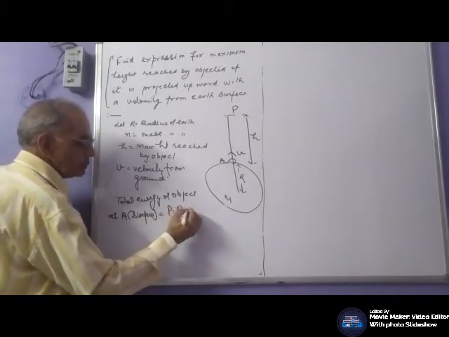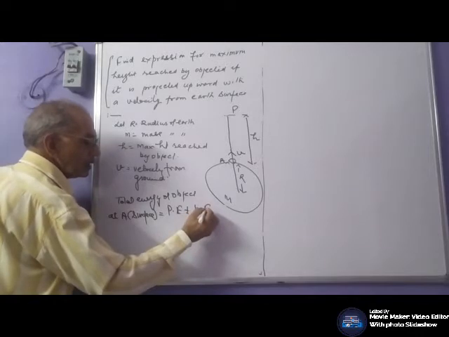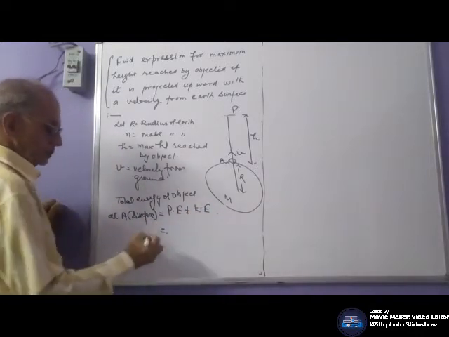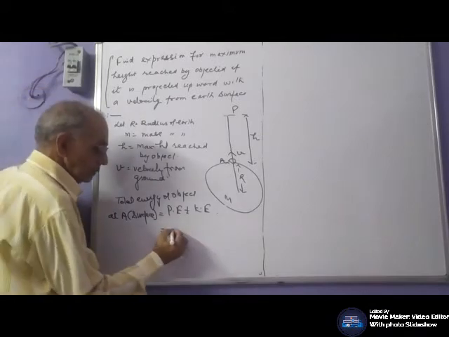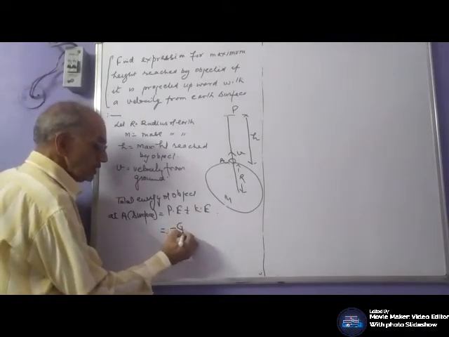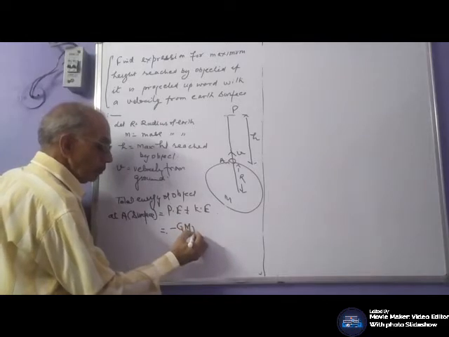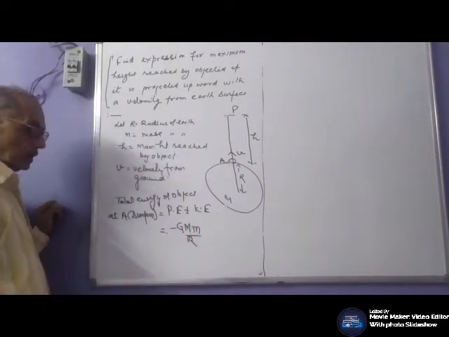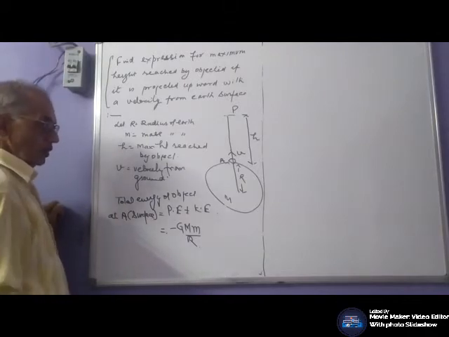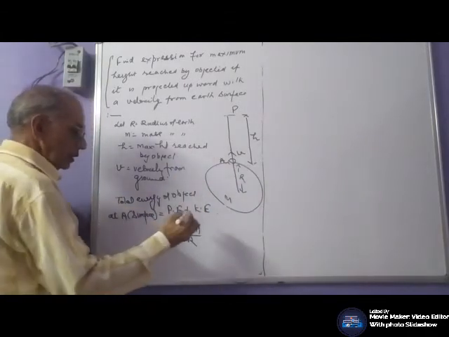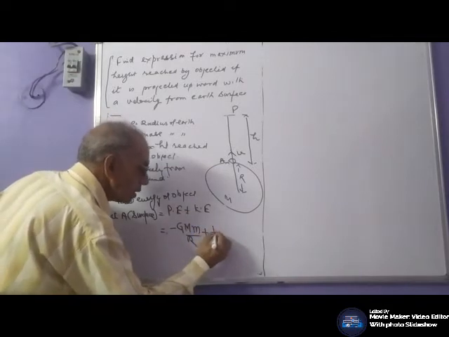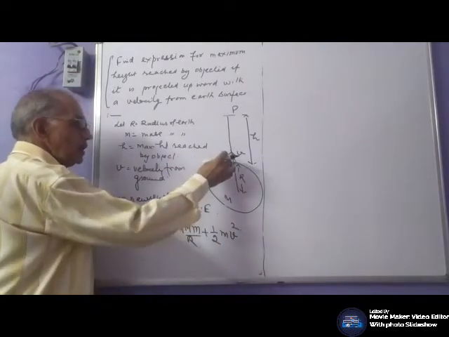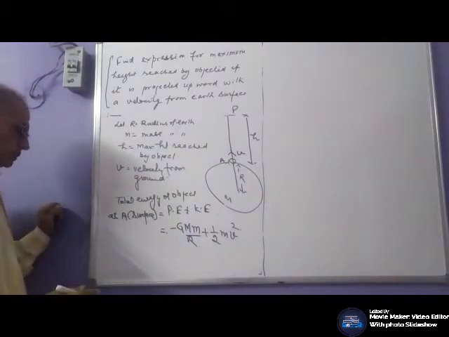Potential energy and kinetic energy. Potential energy means gravitational potential energy, we have done, it is minus GMm by R. This is the potential energy of the object at this point, and it is half mv square, the kinetic energy given to this object.